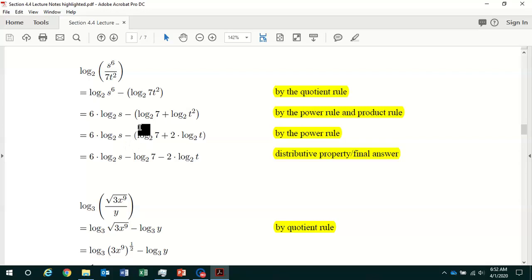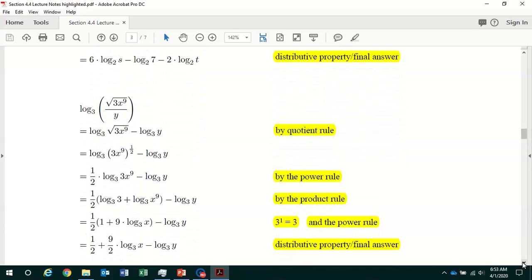Now we distribute the minus sign inside the parentheses, and we have 6 log base 2 of s minus log base 2 of 7 minus 2 times log base 2 of t. So this logarithm up here, log base 2 of s to the 6 over 7t squared, is equal to this down here in expanded form. This is our final answer.